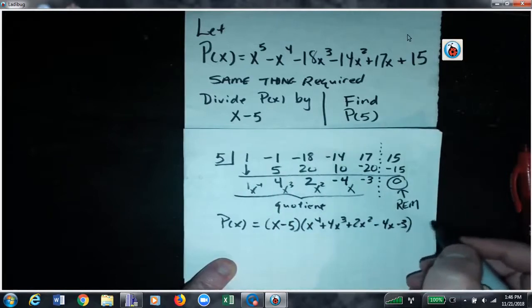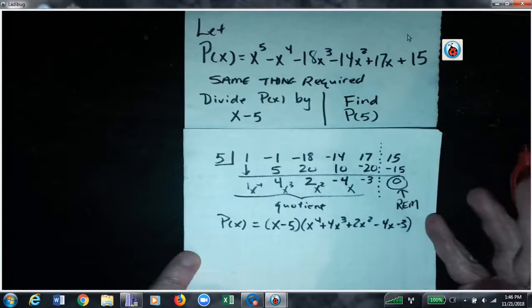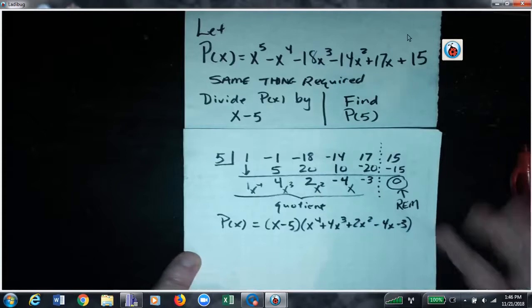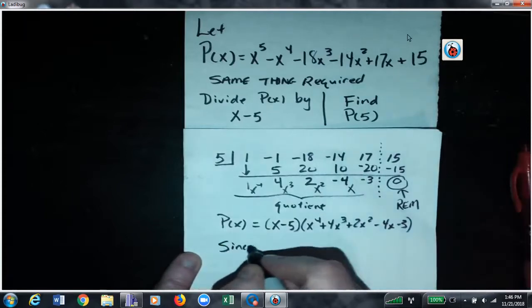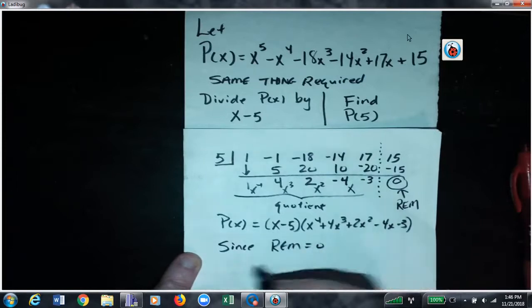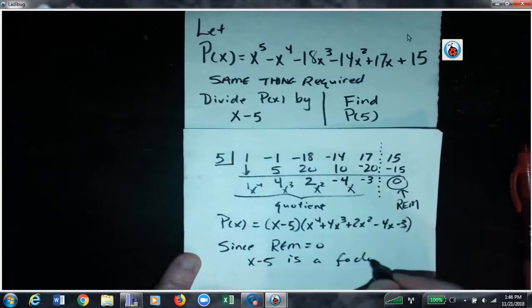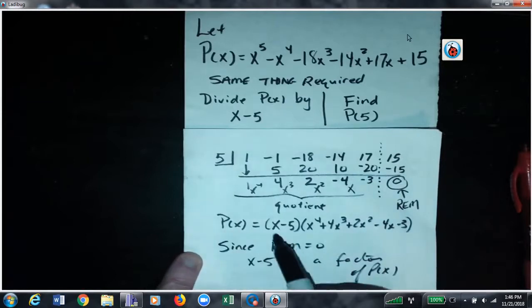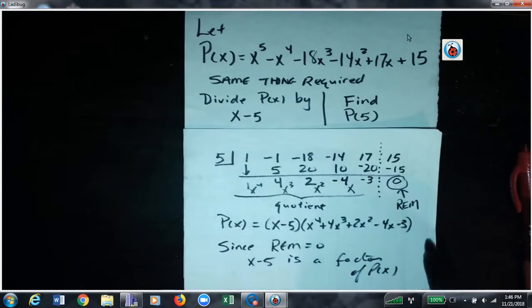But plus 0 is nothing, so it's left off. Now, since the remainder is 0, then x minus 5 is a factor of p of x. And we can see it is. p of x is equal to x minus 5 times something else. And there's no remainder to add on.